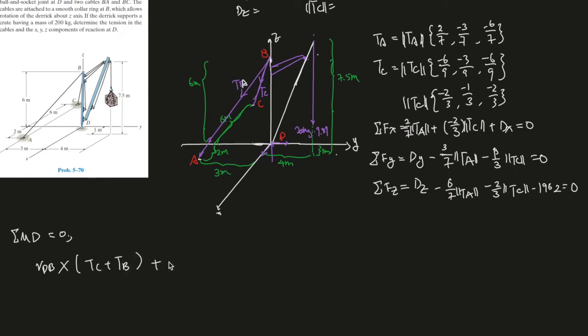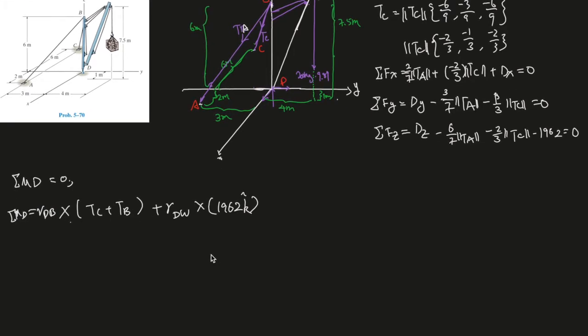Plus the r from D to the, what do we call these things? Let's just call it the weight, right? So DW cross, well, this force over here, which is the weight of the load, which is 1962 in the k direction. Okay, and this should give you the sum of the moments at D, right? Here we go. This is where the fun begins, using tons of cross products and matrices.